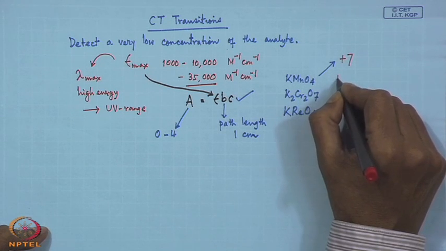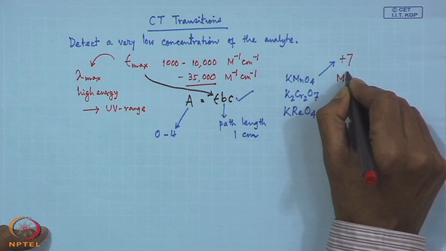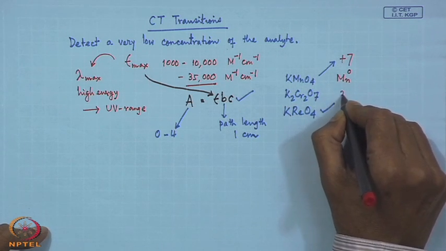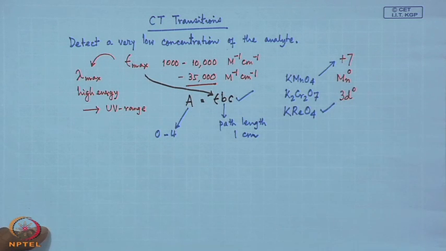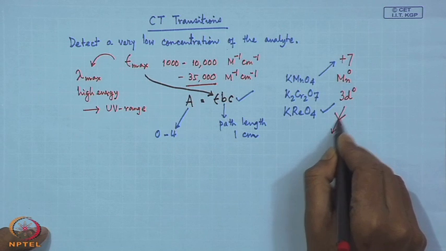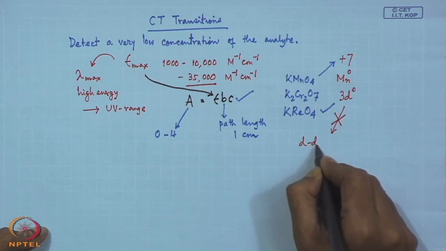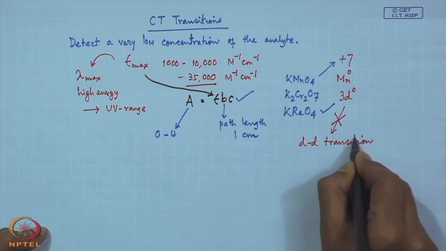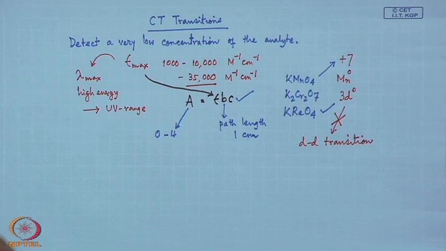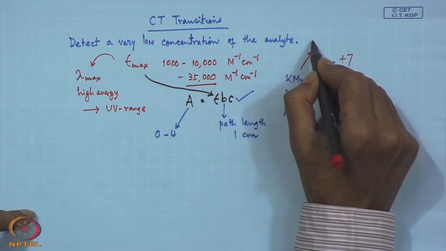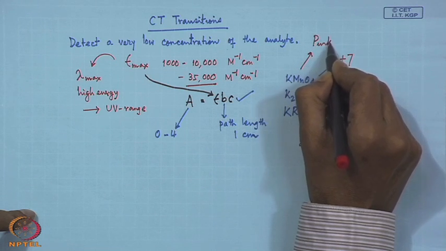Therefore the electronic configuration on manganese is 3d0. Since it is 3d0, we do not see any d-d transition. So d-d transition should not be there for potassium permanganate, but still this compound is colored pink.